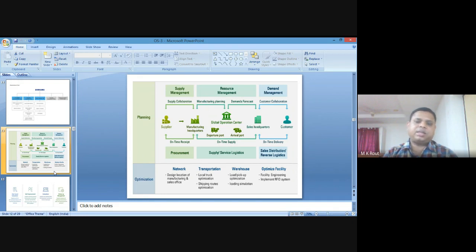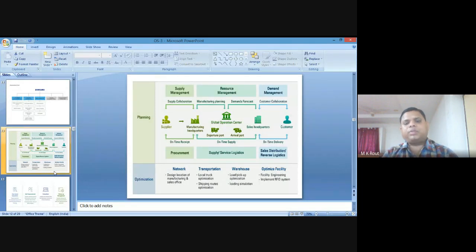Basically, demand management is provided from the customer's point of view, from the customer to the sales headquarters, then from the sales headquarters to the manufacturing plant, then from the manufacturing plant to supply collaboration with a larger number of suppliers. From the supply chain management point of view, there are many suppliers directly or indirectly associated with Samsung Electronics. These suppliers are directly connected to the manufacturing headquarters.